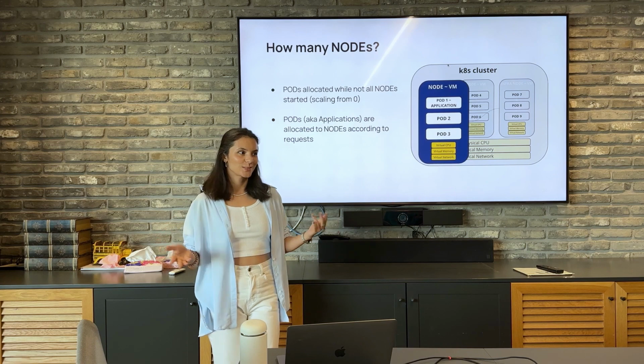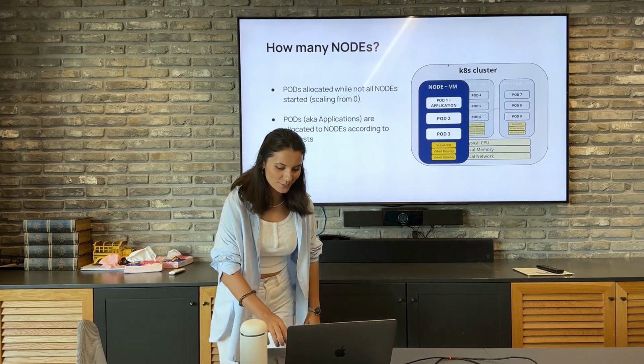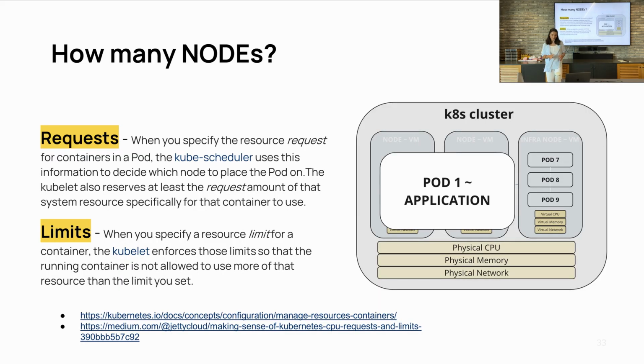As you said, not everybody is aware of what Kubernetes is, so I will just share what it is. Requests can be compared to the minimum resources that an application requires, and limits are the maximum resources that an application could take.